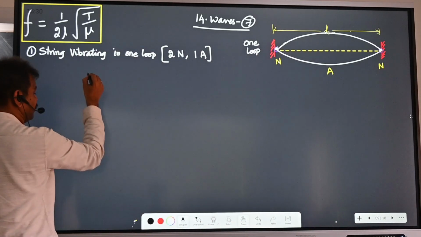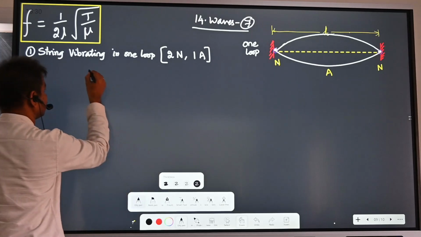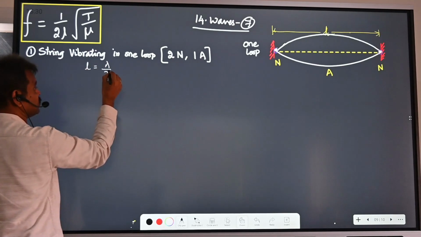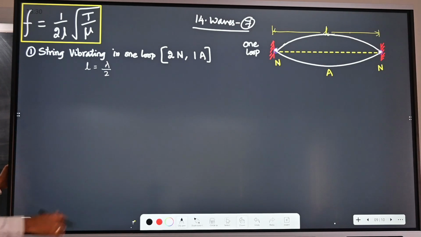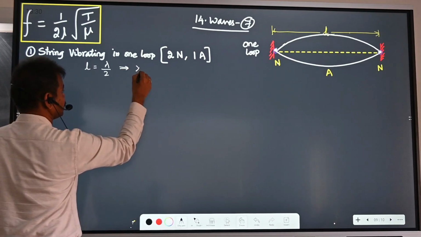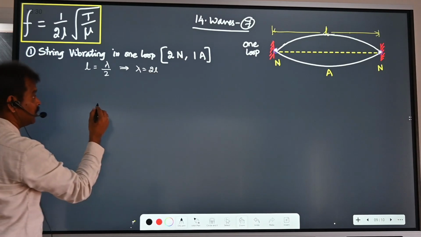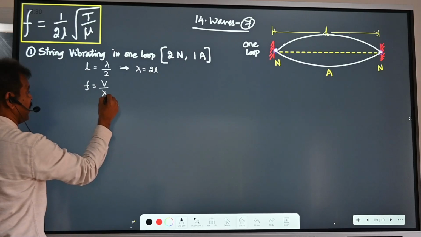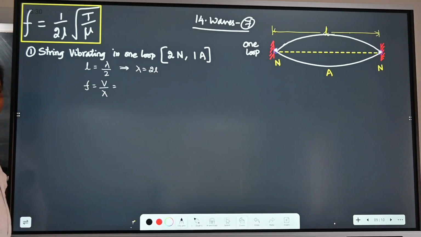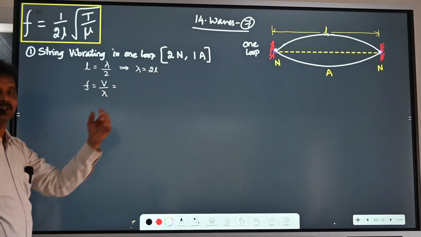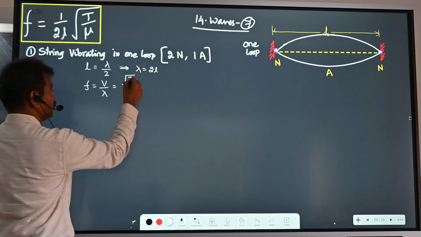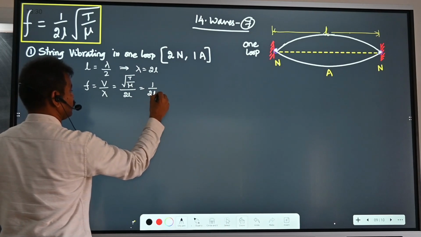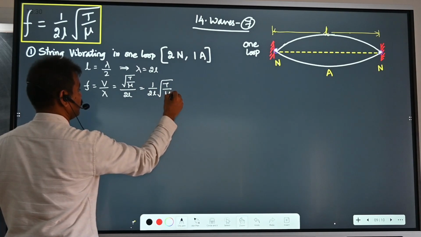First, the length of the string L is equal to how much? Lambda by 2, the distance between the two nodes. From this, lambda is equal to how much? 2L. Then I want frequency, which is equal to V by lambda. Velocity of a transverse wave on a stretched string is given by root T by mu, divided by 2L. This is 1 by 2L root T by mu.